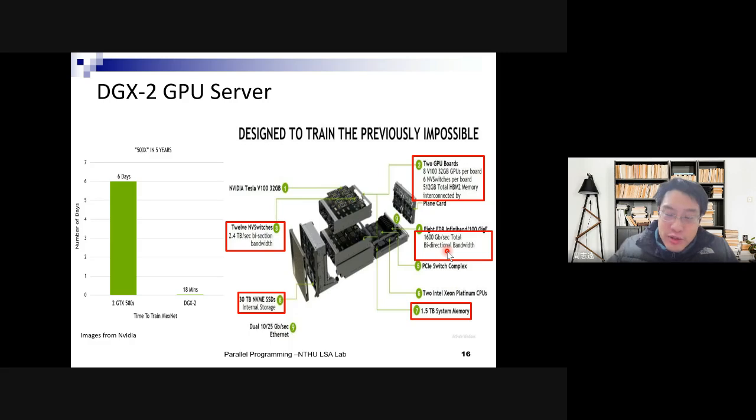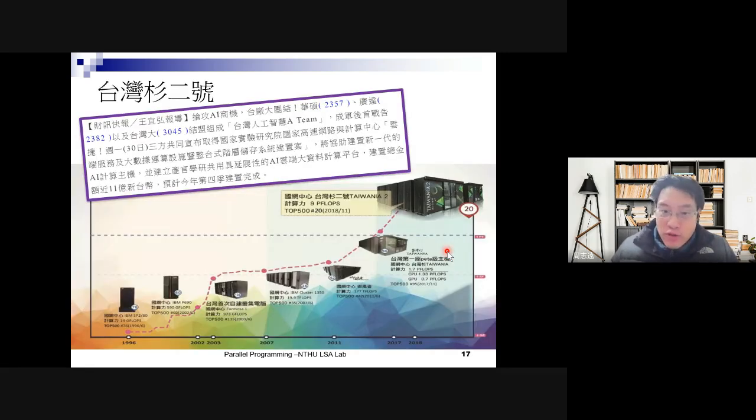Basically, this single server is pretty much like a supercomputer. And of course, as we mentioned, many of today's supercomputers are built from GPU servers like the one we see here. This is how we could have those computing powers.